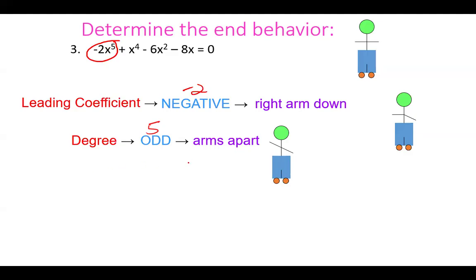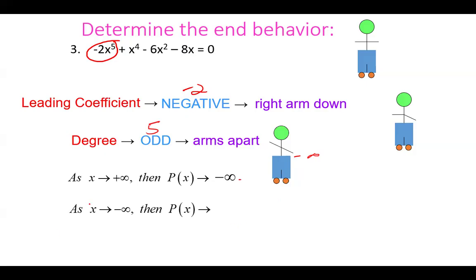So therefore, our answer is, as x goes to positive infinity, which means we're looking at the right, where are our y values heading? Our y values are heading to negative infinity. They're going down. That's sentence 1.